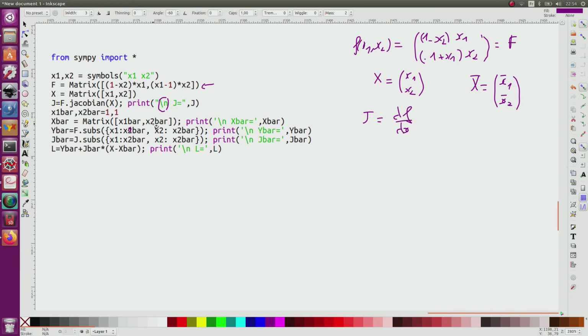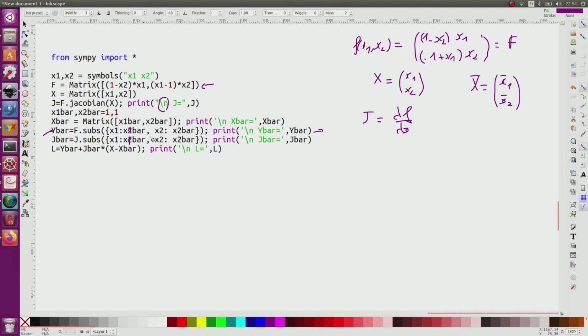Sorry, here it should be x1 bar. They are equal, so we will not see the difference. And here x2 by x2 bar. So this is what I substitute. But since x1 bar, x2 bar correspond to an equilibrium point, this one will be equal to 0, and I will be able to check it. So it's still an expression, but some variables have been substituted.